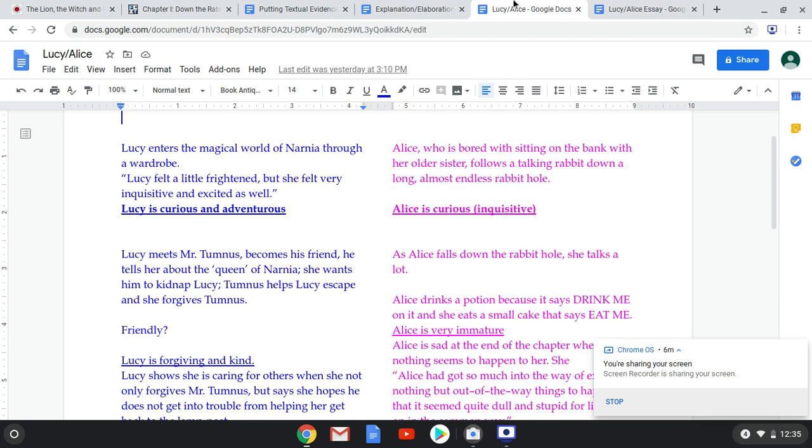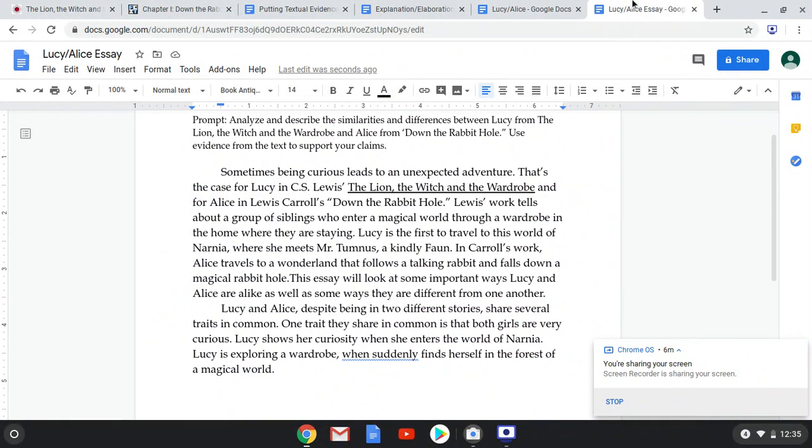Okay, now let's look. What do we have? Lucy felt a little frightened, and she felt very inquisitive and excited as well. When Lucy, see, I'm glad I have this.